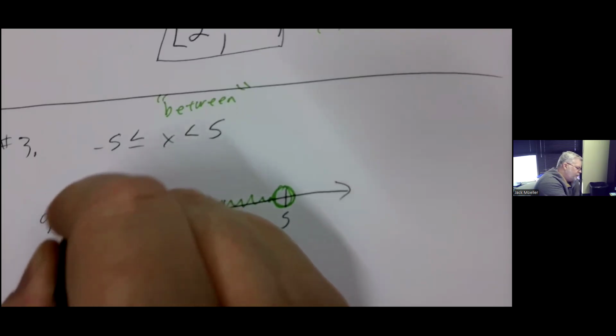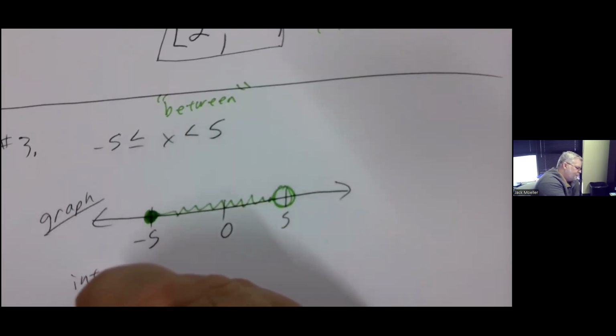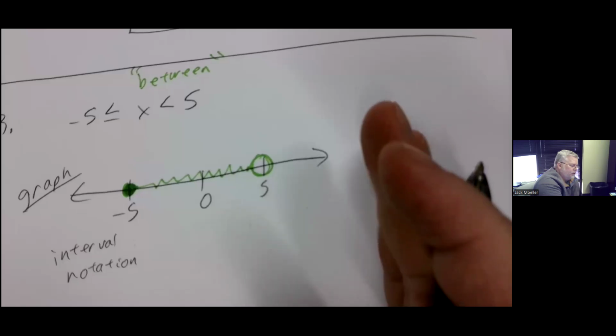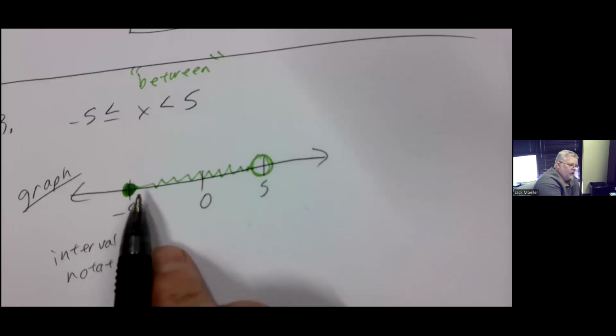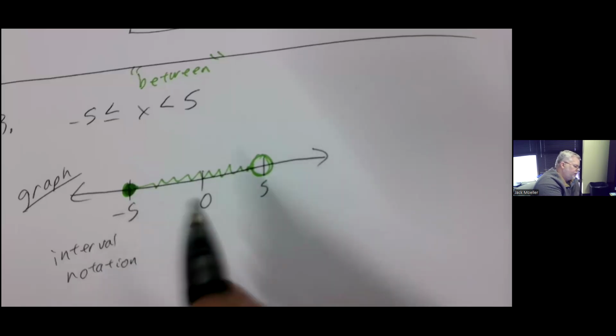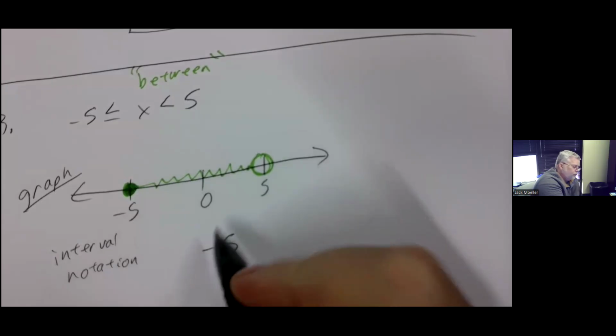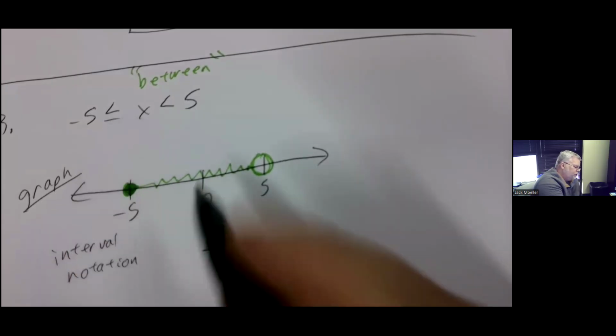Now, what about the interval notation? Remember, interval notation is how far left do we go, how far right. So once you have the picture, how far left do we go? We go to -5. So -5 is our first number. Do we put parentheses or brackets? Well, with the equals, we use the closed circle.